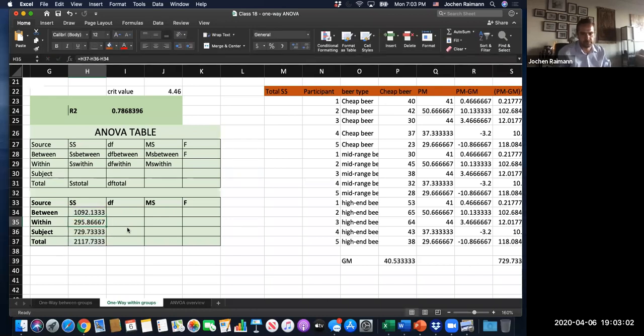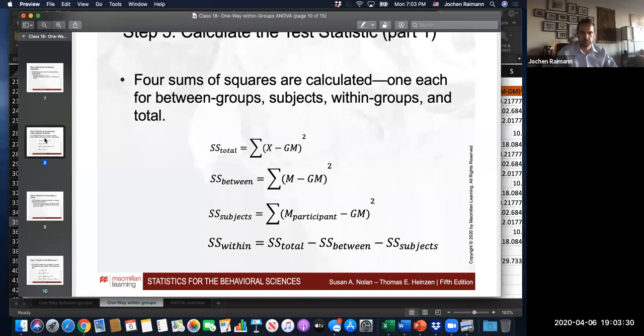So the sum is total. The between, within, and subject is what adds up to the total. So between, how many degrees of freedom do we have? We have 3 groups. Degrees of freedom is 2. Within, how many subjects do we have? Let's look at the formula.